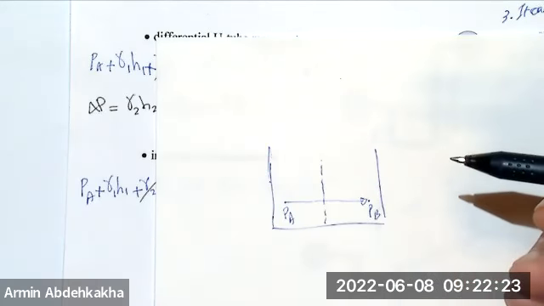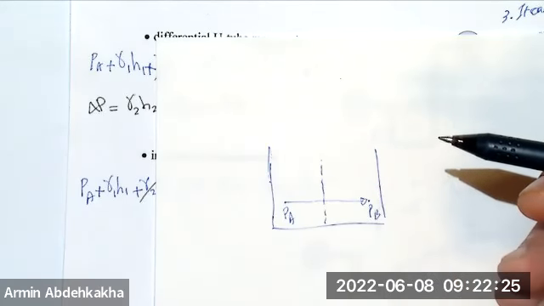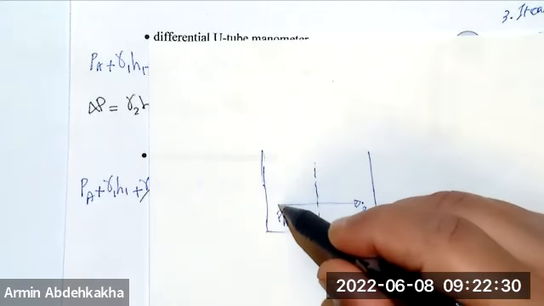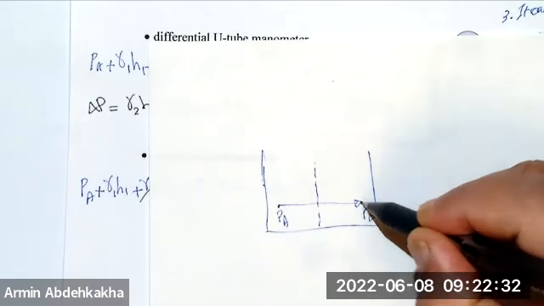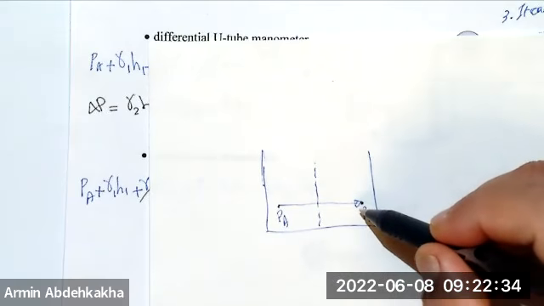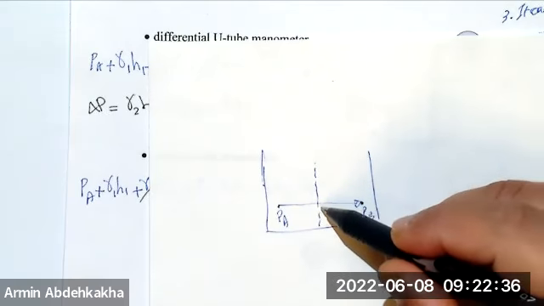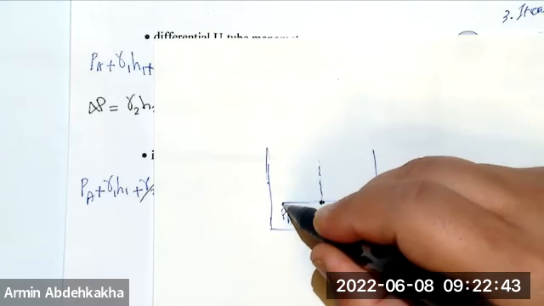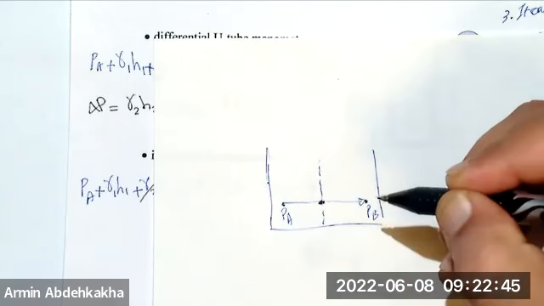But let's say in an imaginary world you have this, okay? Then absolutely the pressure at these two points is different. Why? You see here, from this line to this line, from PA till here, nothing changed.